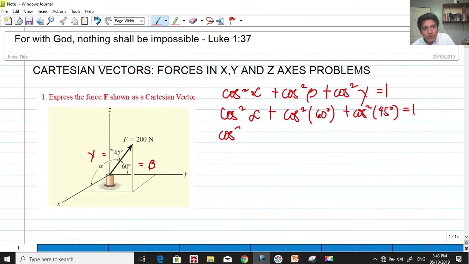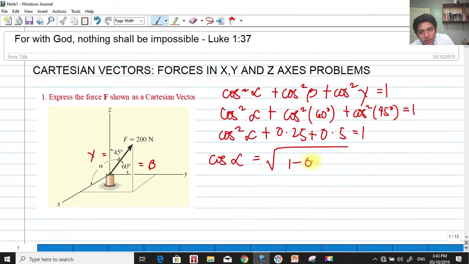If we evaluate this, cosine squared 60 is 0.25, and cosine squared of 45 is 0.5, equals 1. If I'm going to get cosine of alpha here, that is equivalent to the square root of 1 minus 0.25 minus 0.5.